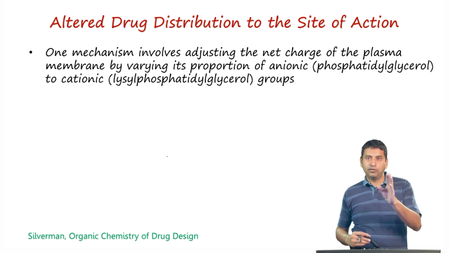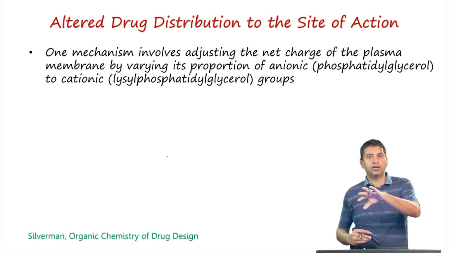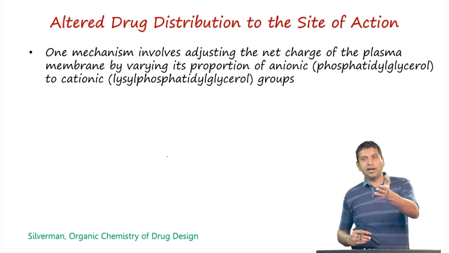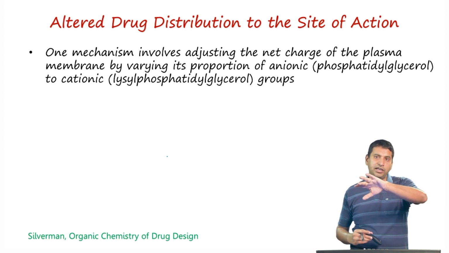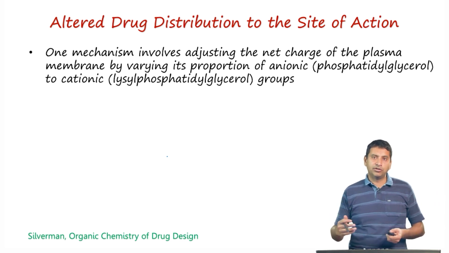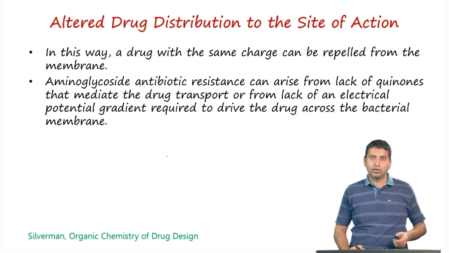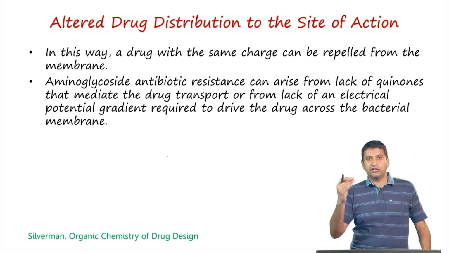For example, if there is a phosphatidyl glycerol membrane, it can be changed to lysylphosphatidyl glycerol groups, which converts an anionic group to a cationic group. This change can affect the permeability of the drug. If the permeability of the drug goes down, then clearly its efficacy will go down. In this way, a drug with the same charge can actually be repelled.